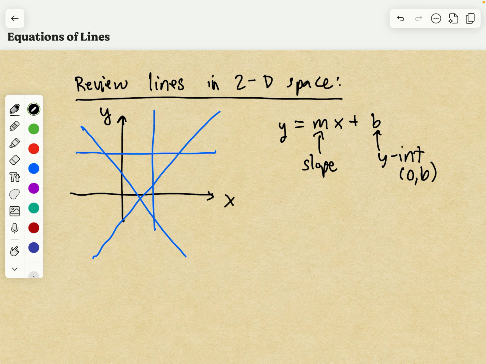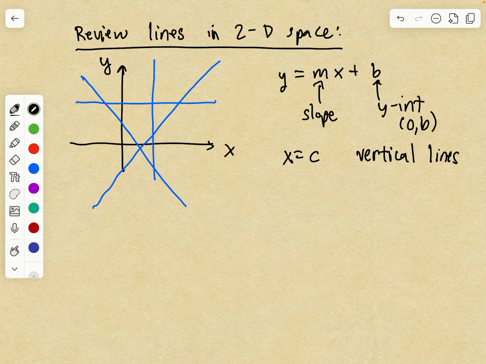The vertical line is going to be x equals a constant, and vertical lines have undefined slope.